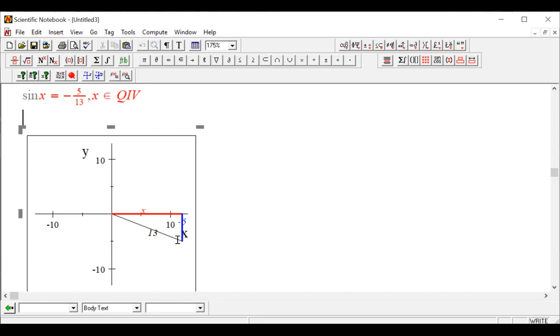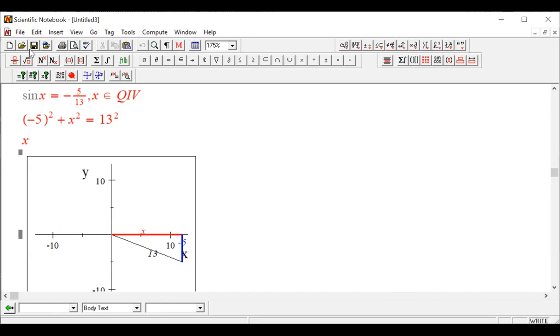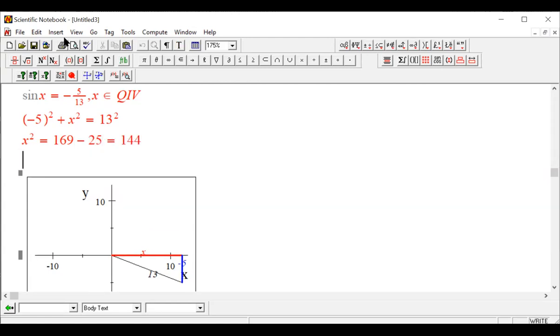So we have hypotenuse 13. The blue is -5. We're looking for X. So -5 squared plus X squared equals 13 squared. Then X squared equals 169 minus 25, that's 144, right?